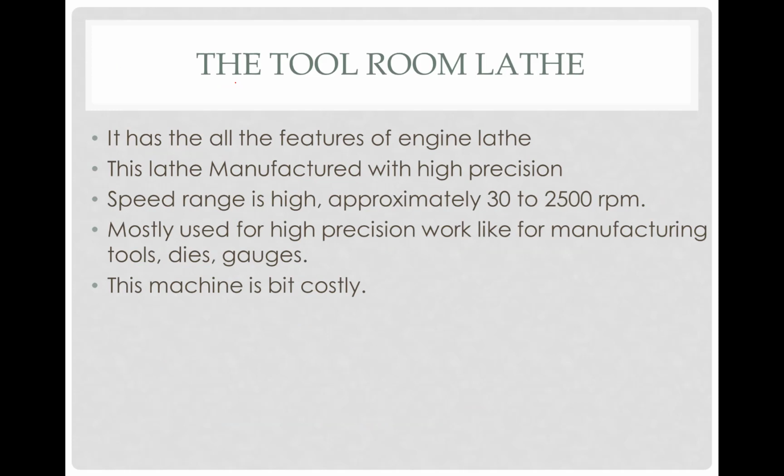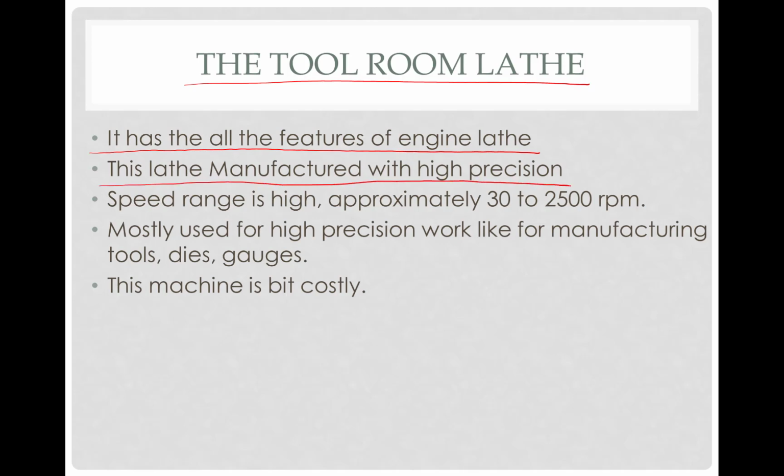The next one is the tool room lathe. It has all the features of engine lathe, that is our conventional lathe. Okay, this lathe is manufactured with high precision. Speed range is high, approximately 30 to 2500 rpm.